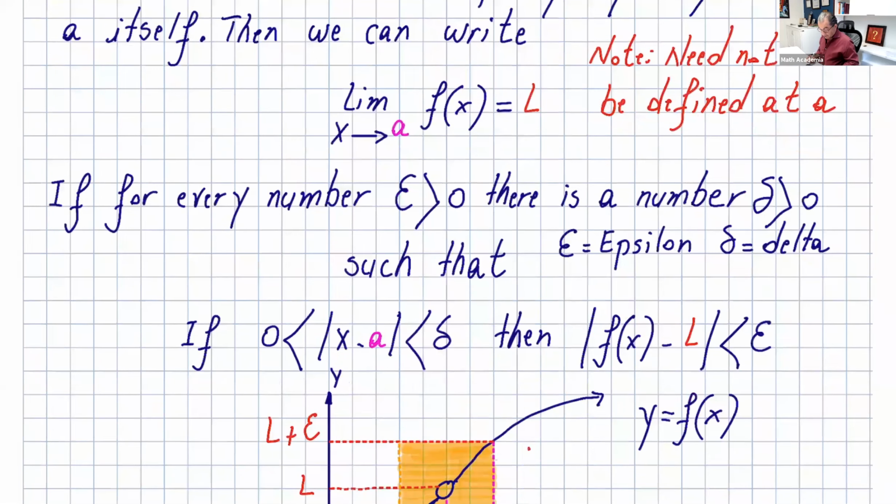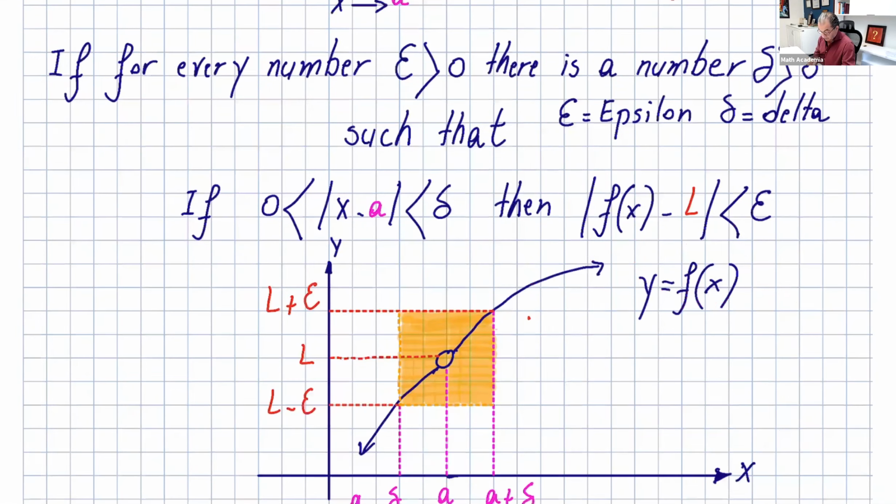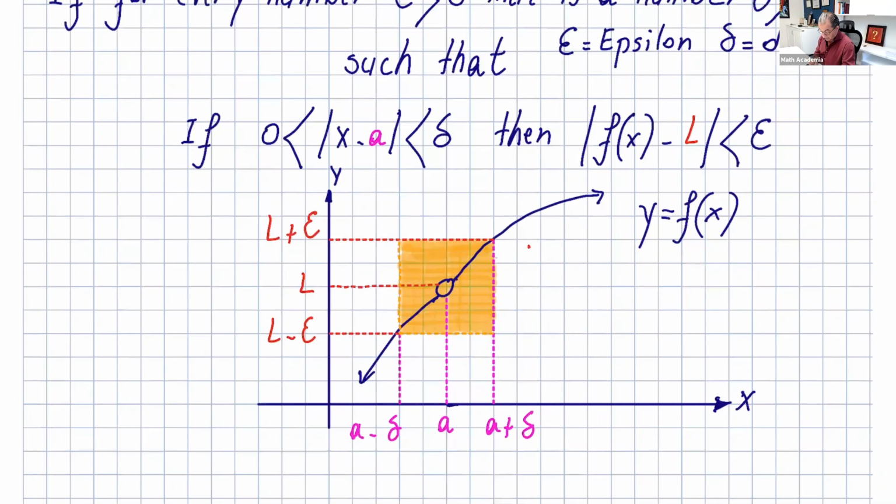So the limit exists such that if the absolute value of x minus a is between 0 and delta, and remember delta and epsilon are both positive, then the absolute value of f of x minus L should be less than epsilon. So what you want to do is find a relation between delta and epsilon.